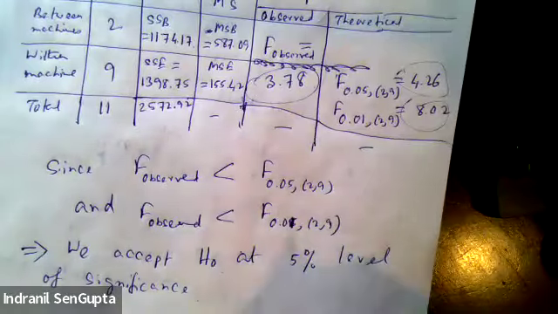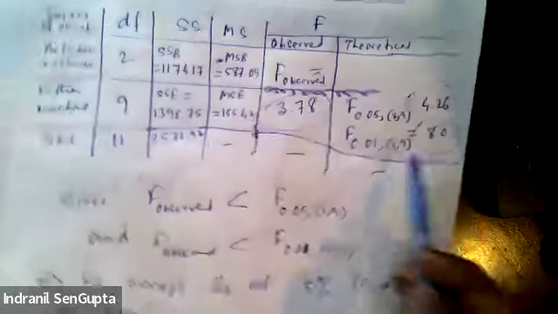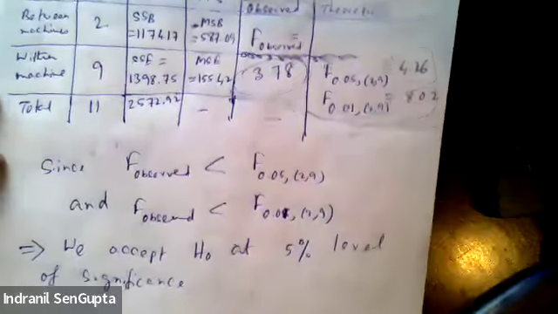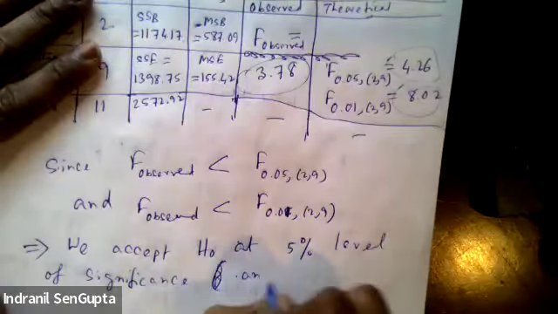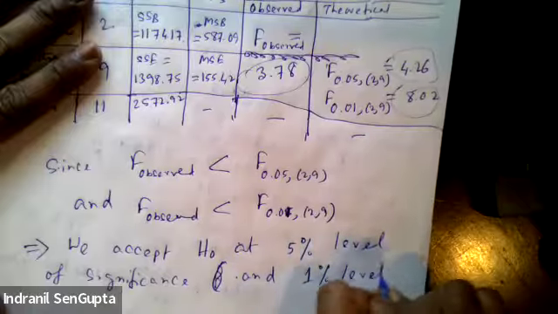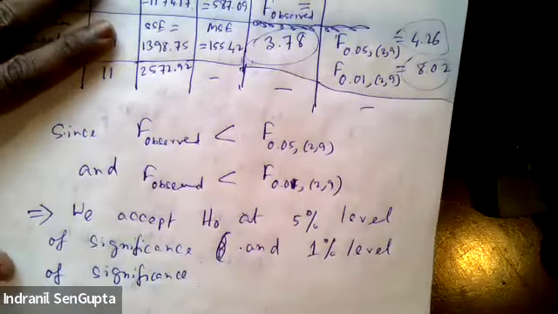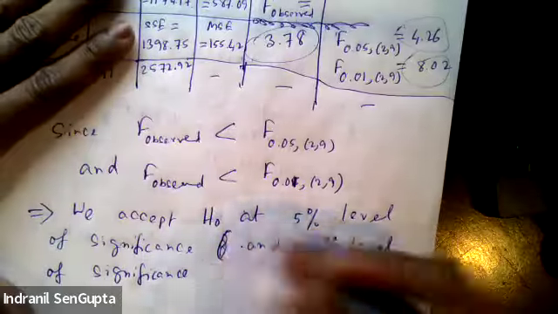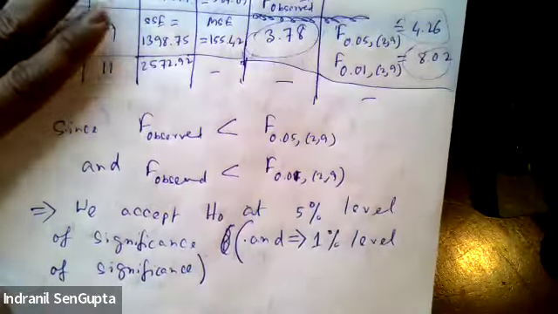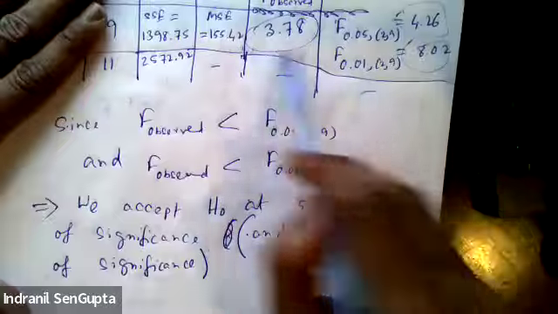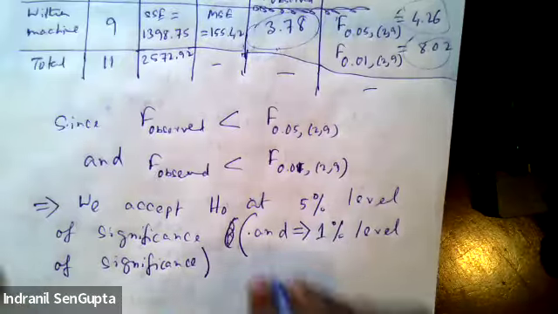And of course, if we can accept it at a 5% level of significance, then we can also accept it at 1% level of significance. Both are true here. In fact, since it's true at 5% level of significance, it automatically implies it at 1% level of significance.